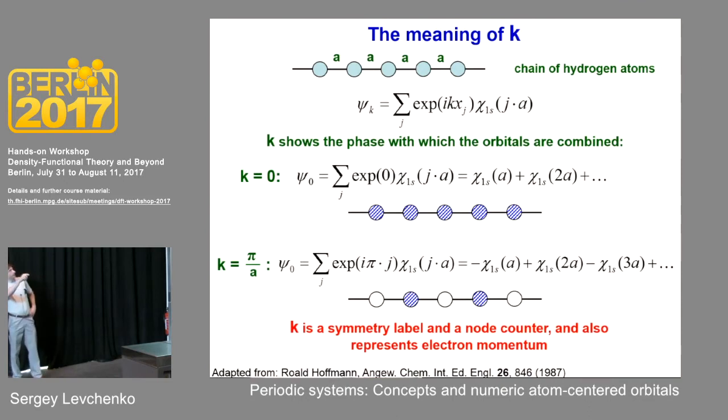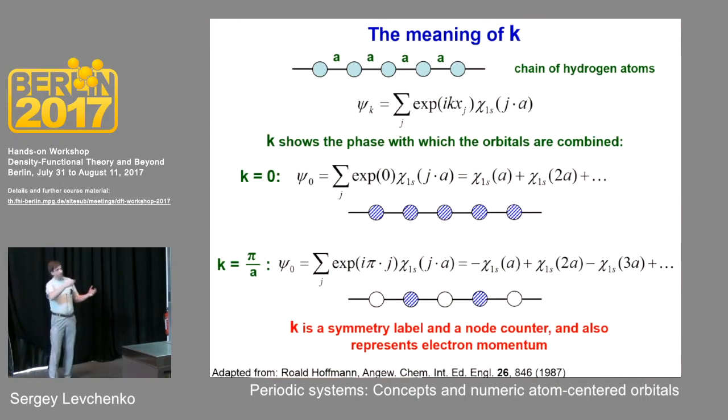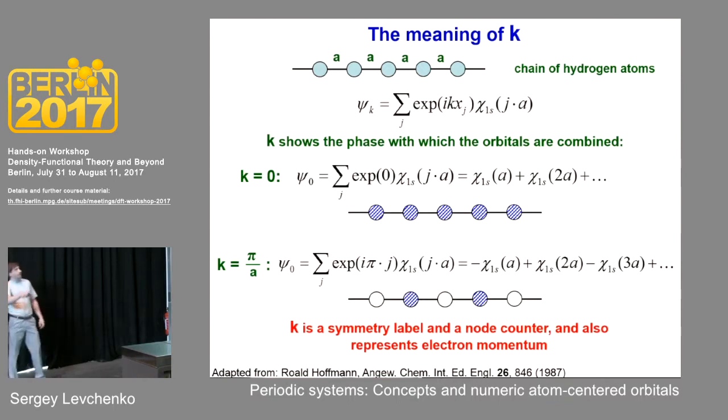And if k equals 0, then all these 1s orbitals are combined constructively, so they overlap and make a fully bonding orbital. But if k is equal, for example, to pi over a, then we will have this alternating sign, so minus plus minus plus. So it's a completely anti-bonding orbital.